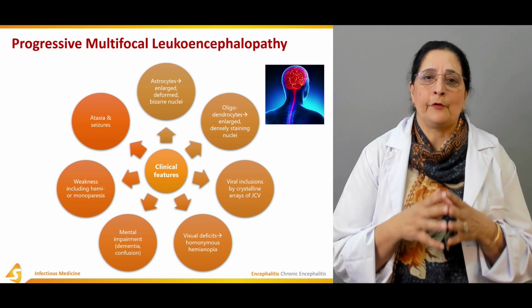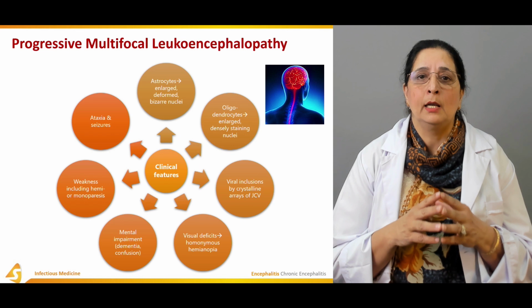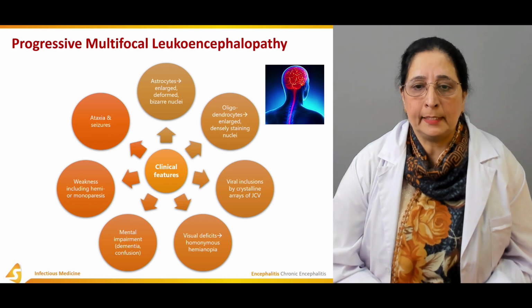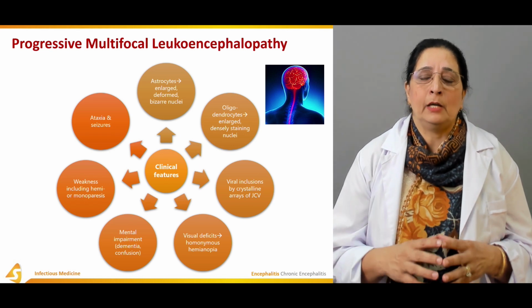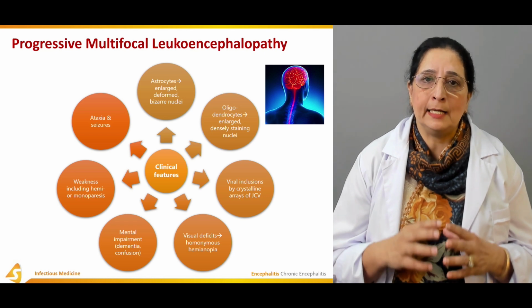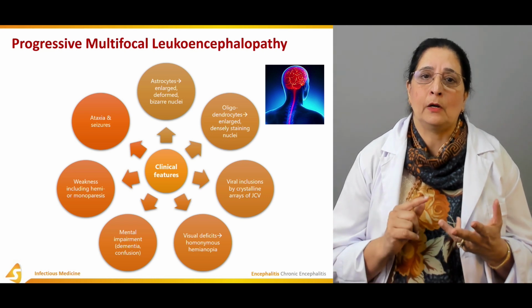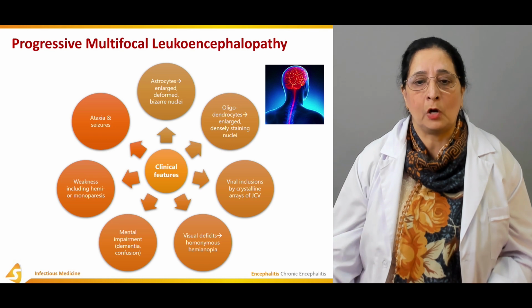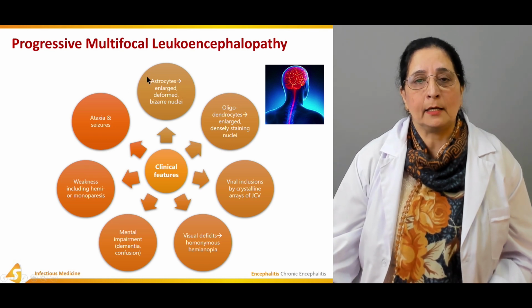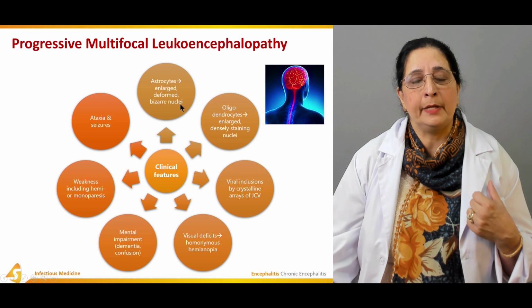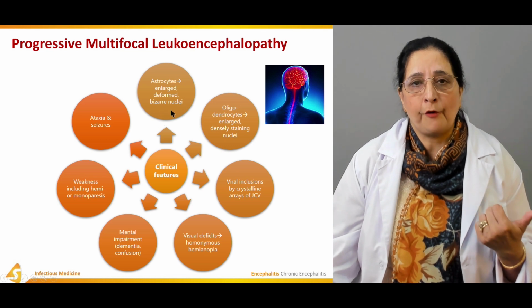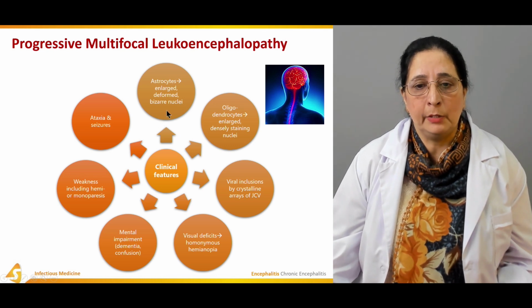So progressive multifocal leukoencephalopathy has changes in the astrocytes and oligodendrocytes. The astrocytes become enlarged, deformed, with bizarre nuclei.